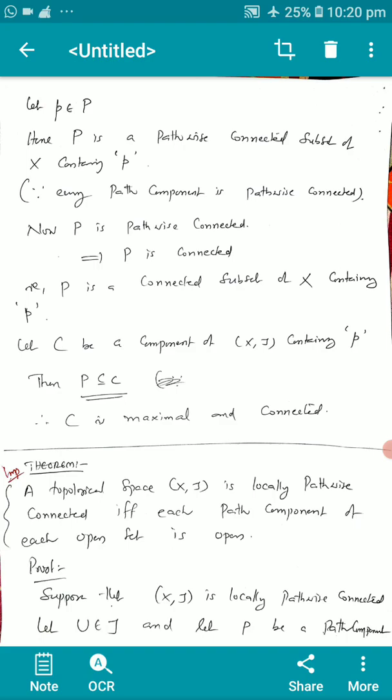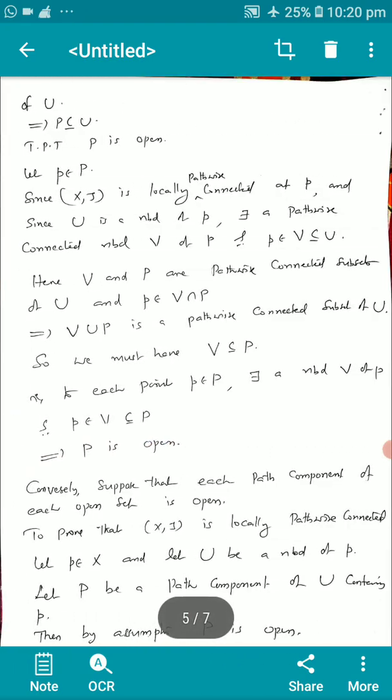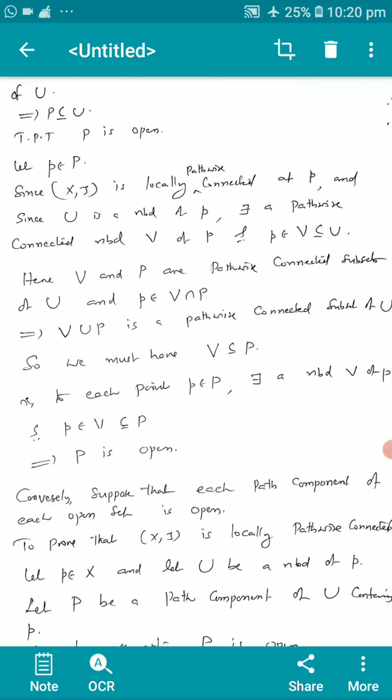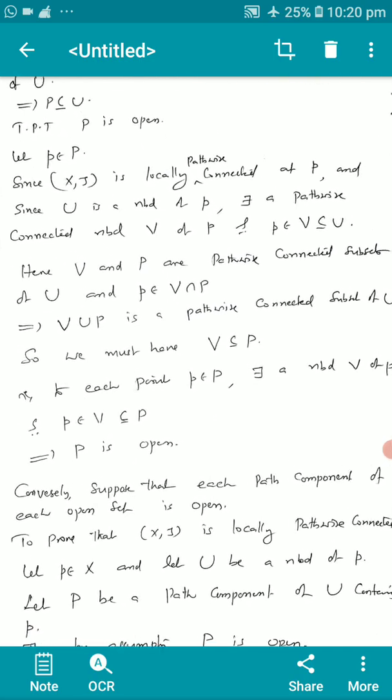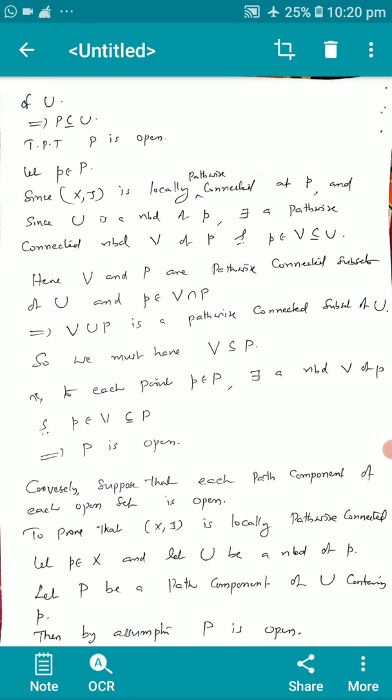Suppose that X is locally path connected. Take an open set U, and let P be a path component of U. That means P is a subset of or equal to U. We have to prove that P is open. Taking a point small p in P, since X is locally path connected at p, and since U is a neighborhood of p, there exists a path connected neighborhood V of p such that p is an element of V subset or equal to U, by the earlier definition.